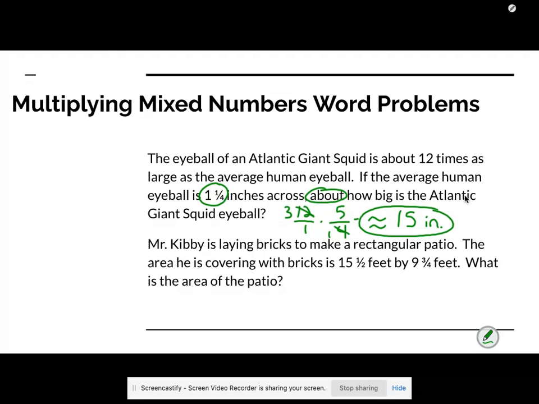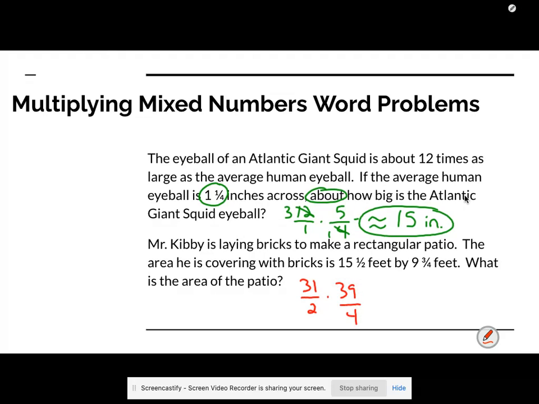Then lastly, Mr. Kibbe is laying brick to make a rectangular patio. The area he is covering with bricks is 15 1/2 feet by 9 3/4 feet. What is the area of his patio? So changing those to be improper, I would end up getting 31 over 2 times 39 over 4.